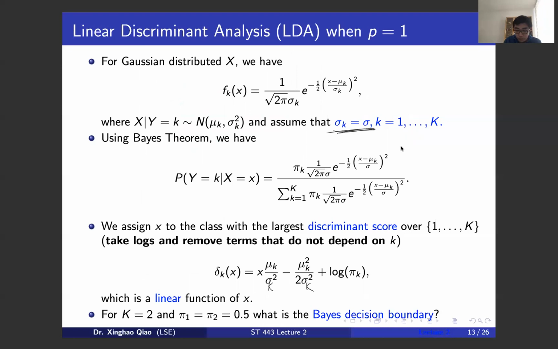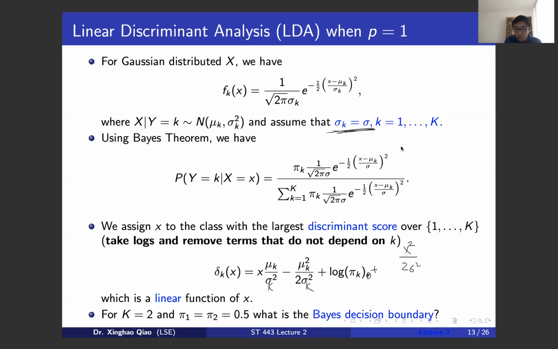Okay, and you also need to consider the quadratic term. Remember, in the previous setting, if sigma k is the same across different k, then mu squared divided by 2 times sigma square will be a constant with respect to k.